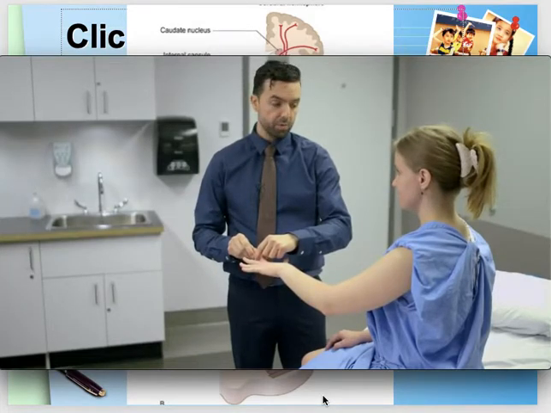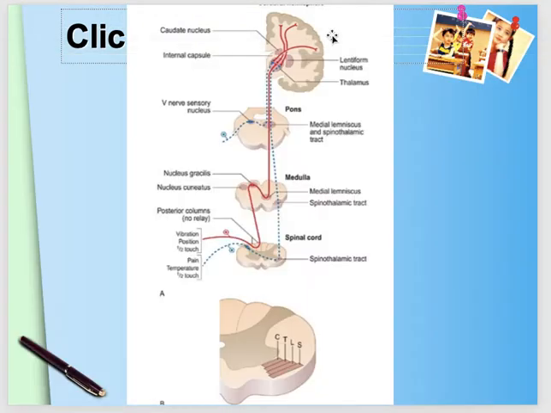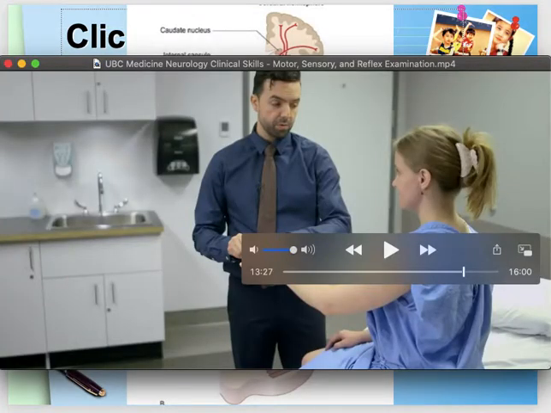This is what they are checking: proprioception. Now, when they check the sensory system, they check pain and temperature sensation. Which pathway are they checking? They are checking the spinothalamic pathway, the blue line.